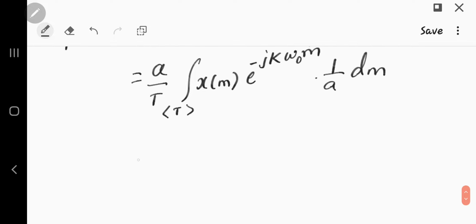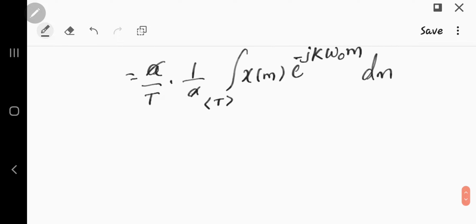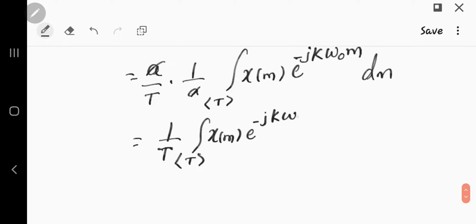Now this 1 by a is a constant, we can take it out. A by t into 1 by a, integral of x of m e power minus j k omega naught m dm. So a gets cancelled here, and we remain with 1 by t integral of x of m e power minus j k omega naught m dm.